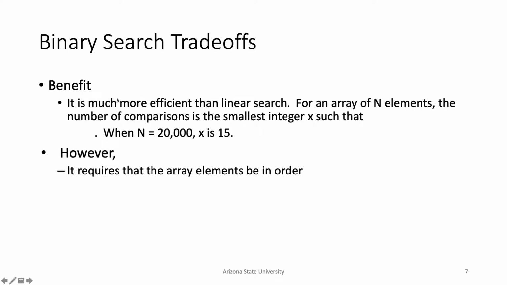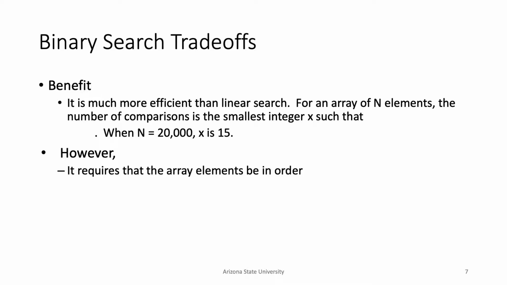Okay, so some trade-offs. Well, since we cut the list in half every single time, what if you just go through analysis of how it works? I won't test you on this, I don't think. But if you go through the analysis, what you find is that instead of searching roughly half of the elements in the list, you search roughly the logarithm of the number of elements in the list.